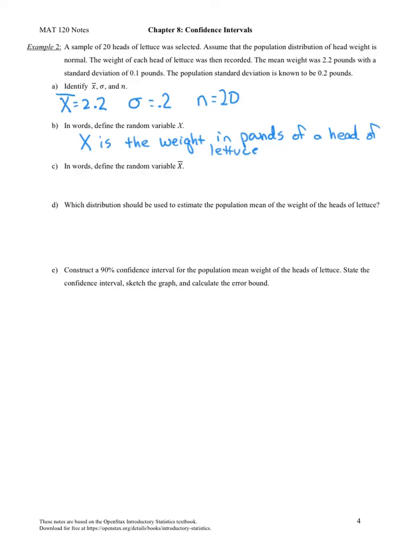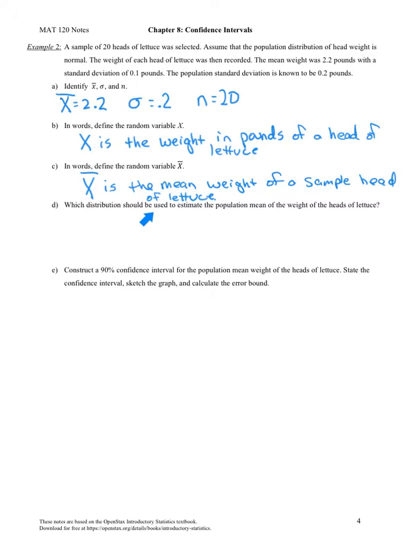Then, we're asked to look at example C, and we're asked in words to define the mean of the sampling distribution. And in this case, our mean is the mean weight of a sample of 20 heads of lettuce.